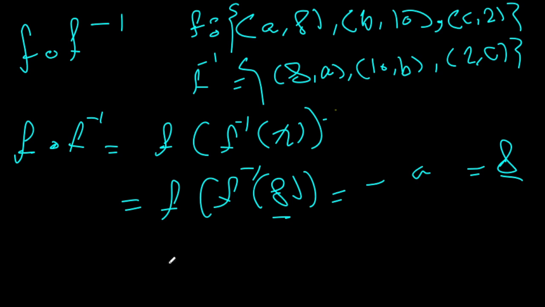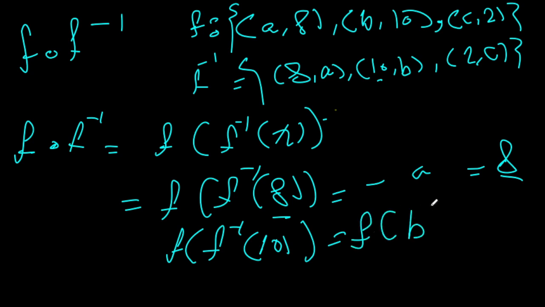Now the second pair is going to be F of F inverse of 10. The next x in F inverse is 10, guys. F inverse of 10 is B. F of B, how much? It is also 10, because F is mapping B to 10. So I start with 10 and I end up with 10.